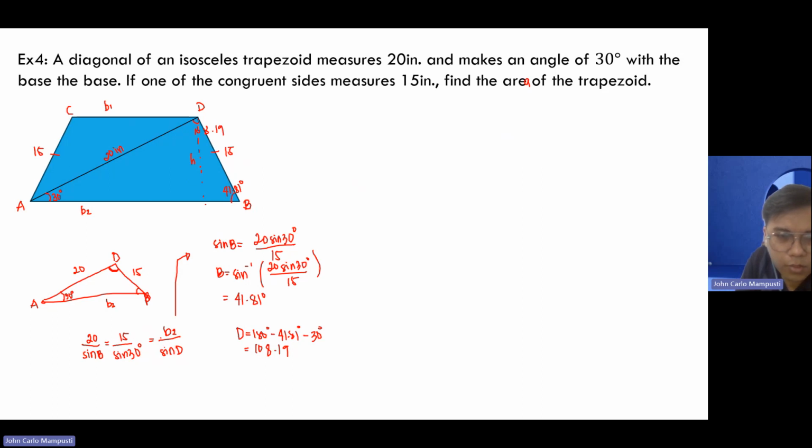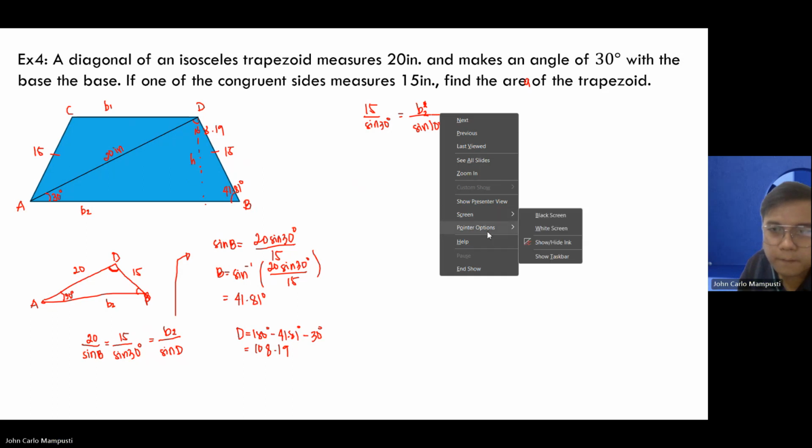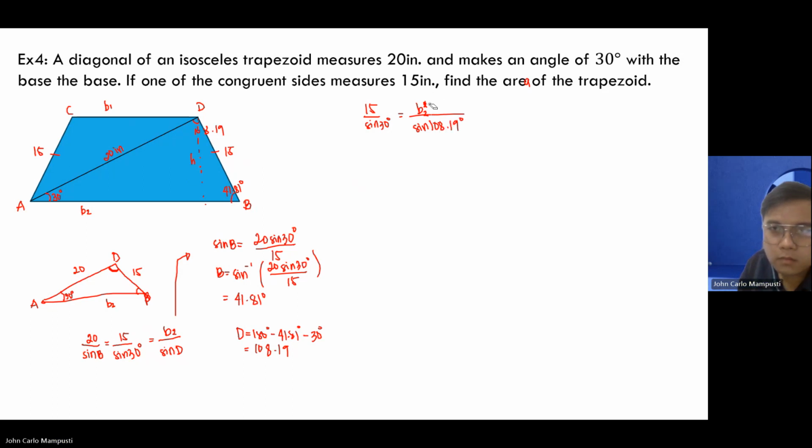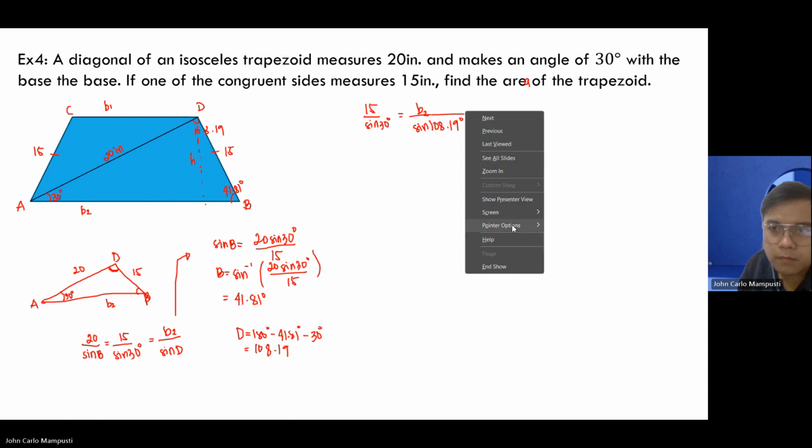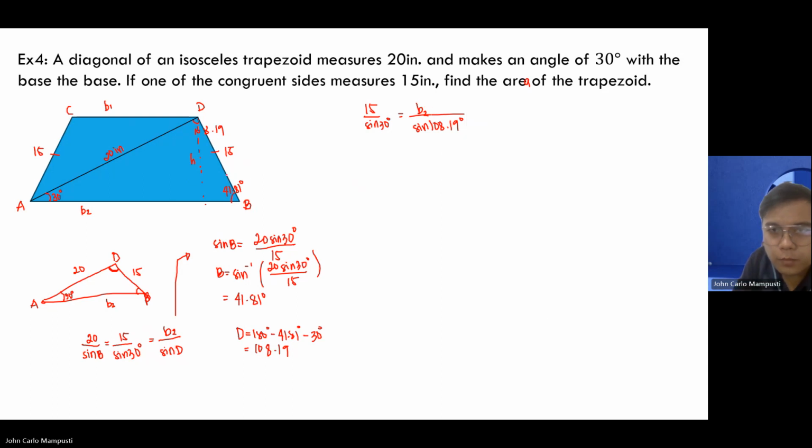As you can see, pwede na rin natin hanapin yung B2. We have 15 over sine 30 degrees equal to B2 over sine D, which is 108.19 degrees. So this is B2. This is not B squared. Okay. So pwede nyo i-cross multiply para mahanap nyo yung B2 natin.